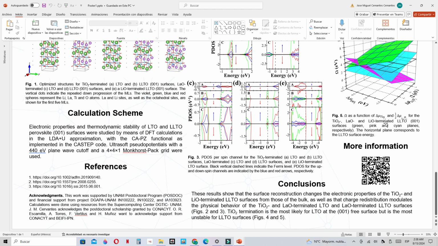Figures 1 and 3. Titanium dioxide termination is the most likely for LTO at the 001 free surface, but is the most unstable for LTO surfaces. Figures 4 and 5.